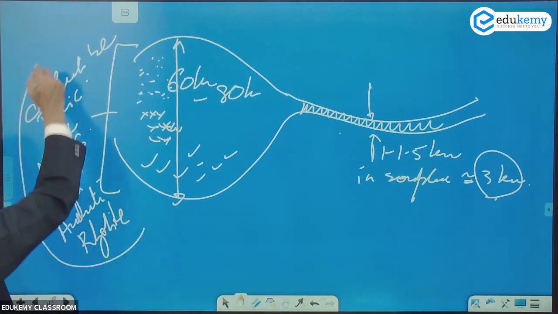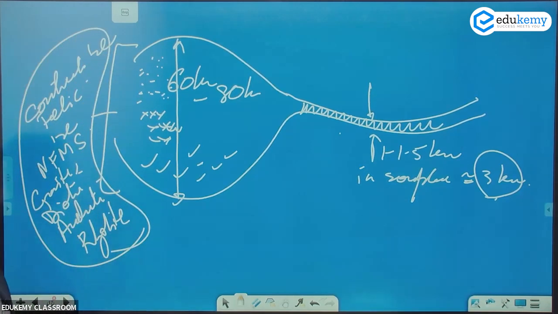All agreed? This is in general. The continents are felsic. The continents are non-ferromagnesium silicates. The continents are granitic. Continents are dioritic. Continents are andesitic. Continents are rhyolitic.